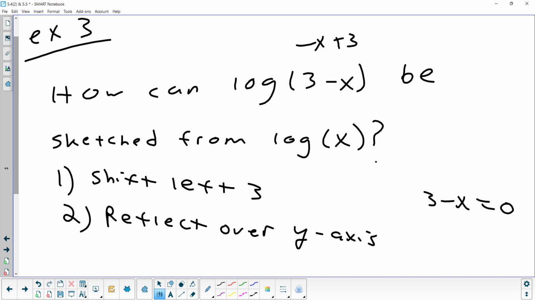So there would be a vertical asymptote at 3. So then your domain is either going to be everything above that or everything below that. If you're not sure, graph it and see which way it goes. Or think about the transformation, because you know which way it normally would go. And that transformation is going to make it go the other way.